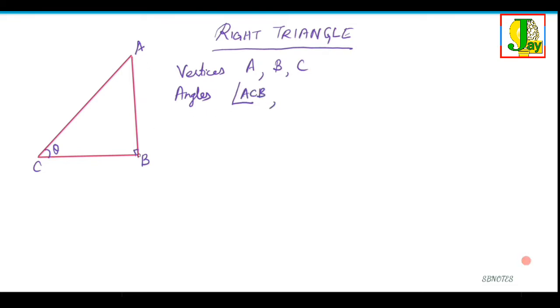Then we have ABC, that's 90 degree. And the third angle is BAC. You can also write CAB. Now the sides. We have three vertices, three angles and three sides: AB, BC and AC.